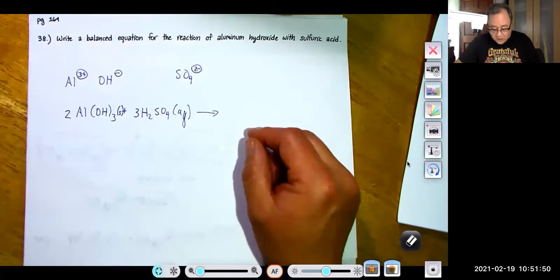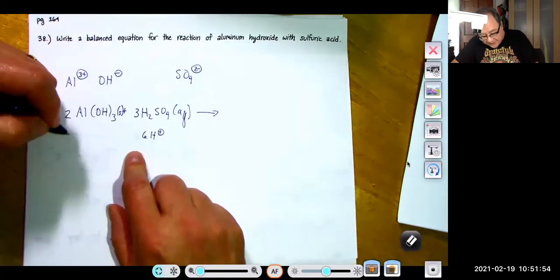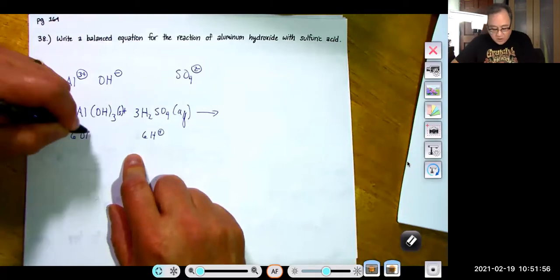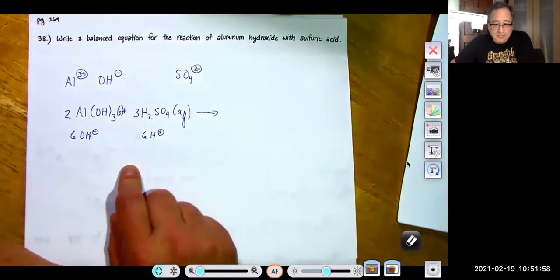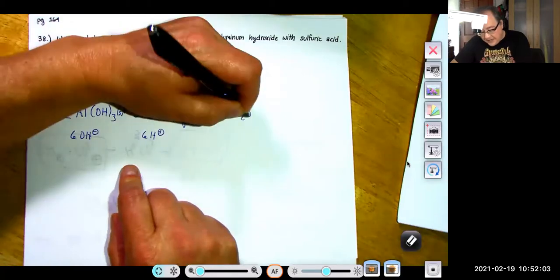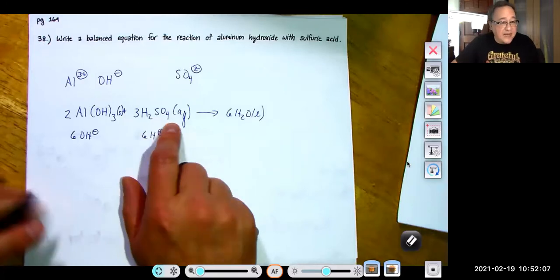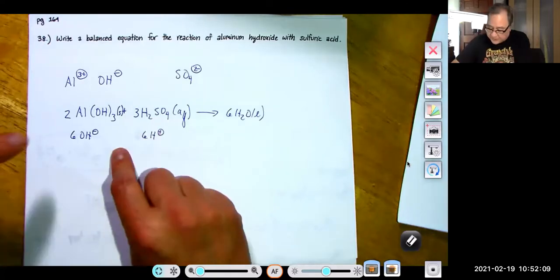And therefore, when we have 6 H pluses and 6 OH minuses, how many water do we make? 6. And what's left over here and here? Well, we're going to deal with the cation first. There's 2 aluminums left over.